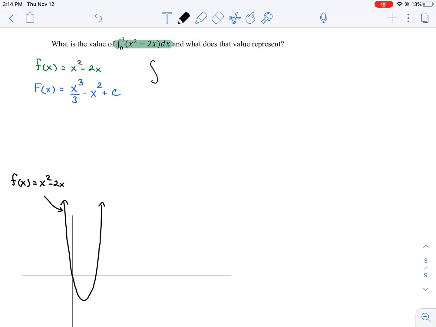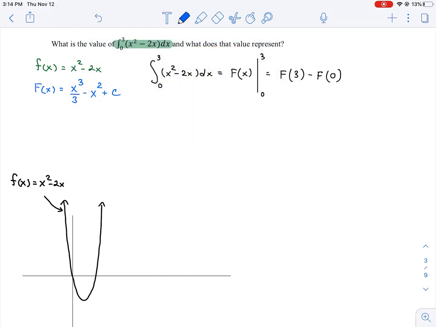So if I want to evaluate the definite integral from 0 to 3, this would equal the antiderivative evaluated at the two limits of integration, and then we're going to subtract the results.